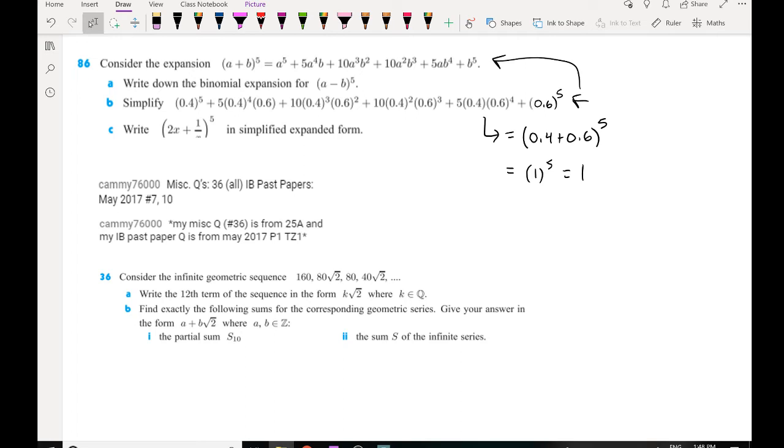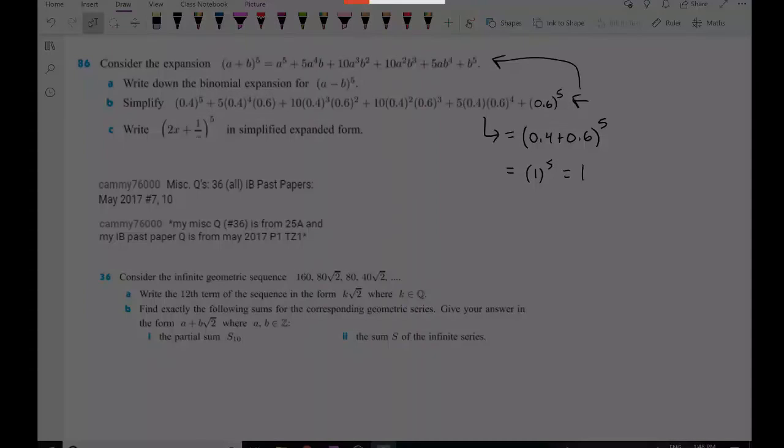All right, so Cam said past papers, May 2017, paper 1, time zone 1, and we're looking at number 7 and number 10. Number 7. Oh, well, what are the odds of that?